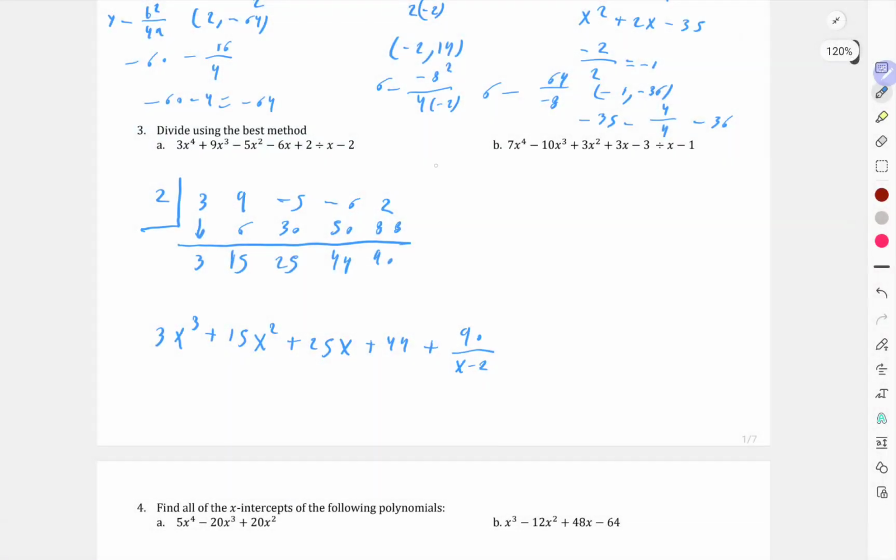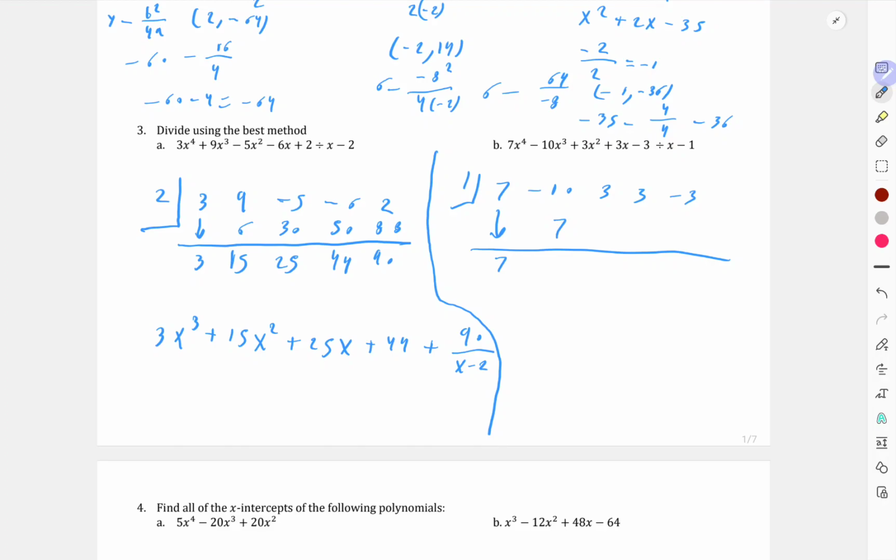But yeah, let's keep solving the next ones, either division by polynomial, long division, or synthetic. Let's get this one. This one is just 7, 10, 3, 3, negative 3. You bring the 7 down because that's your first number. 7, and now you multiply 7 by 1, it gives you 7. 7, 8, 9, 10. 3, negative 3.